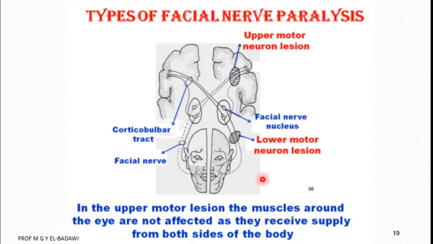So testing the closure of the eye will differentiate between the upper motor and the lower motor neuron lesion. In the upper motor, the eye is normal according to the muscle function. In the lower motor, the eye cannot be closed.